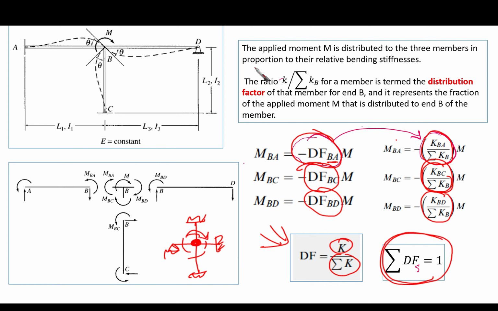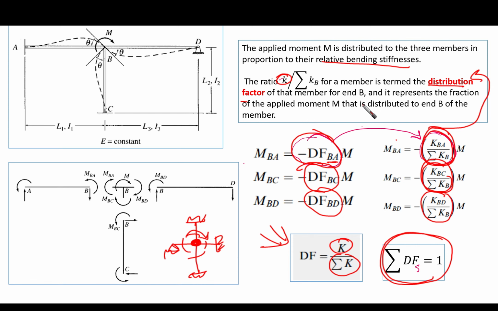So now let's read this. The applied moment M is distributed to the 3 members in proportion to their relative bending stiffness. The ratio K over the summation of K_B for a member is termed the distribution factor, as I said. This is considered to be the distribution factor of that member for NB.